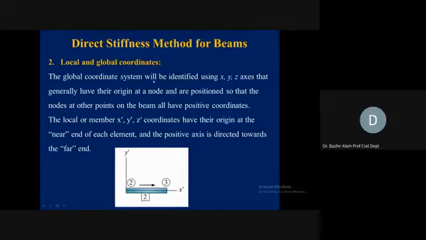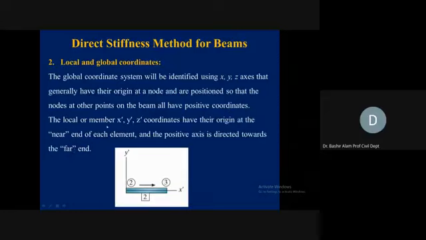The global coordinate system will be identified using x, y, and z axes that generally have their origin at a node and are positioned so that the nodes at other points on the beam all have positive coordinates. At starting point, we'll be coming and taking this origin, and then we direct our x, y, and z in the positive directions.